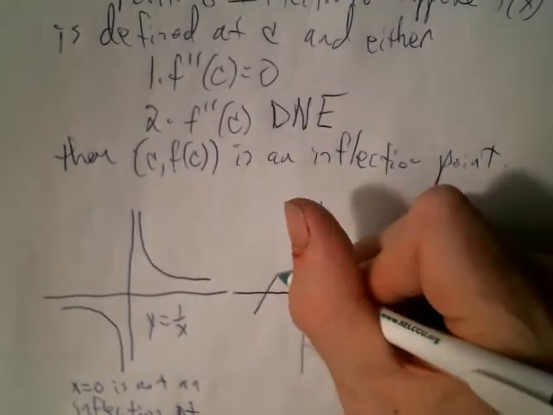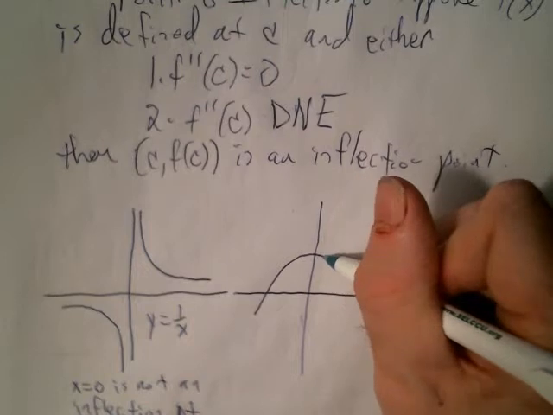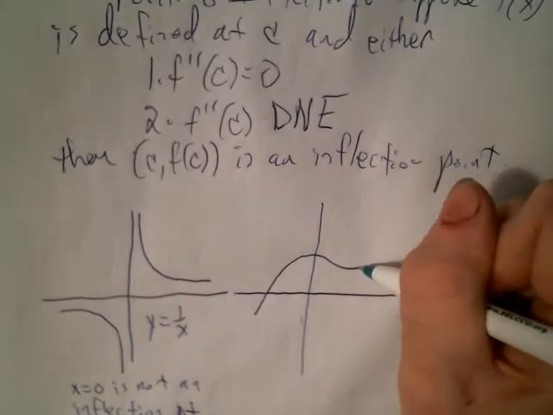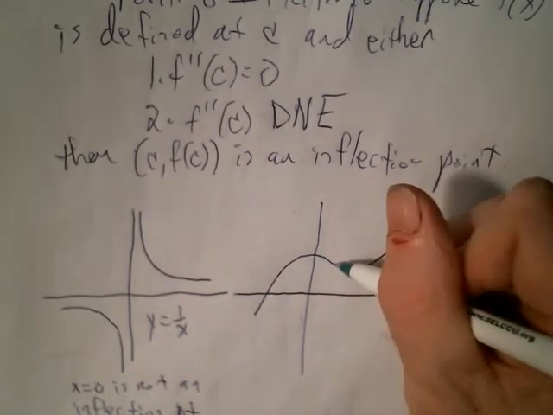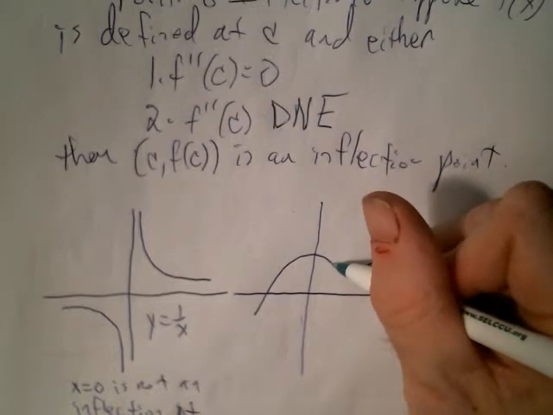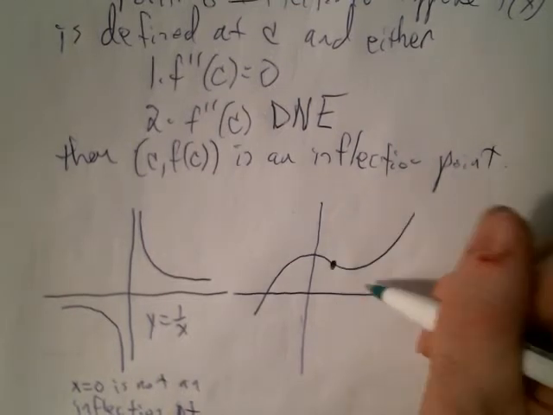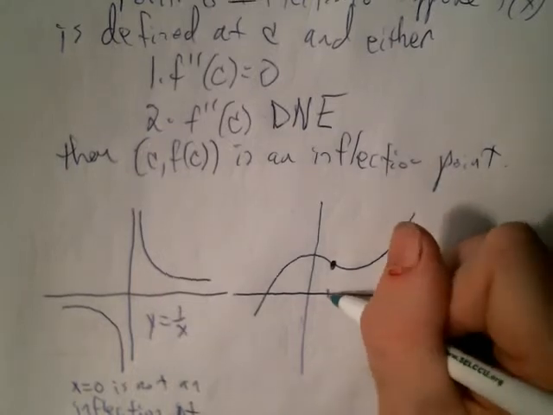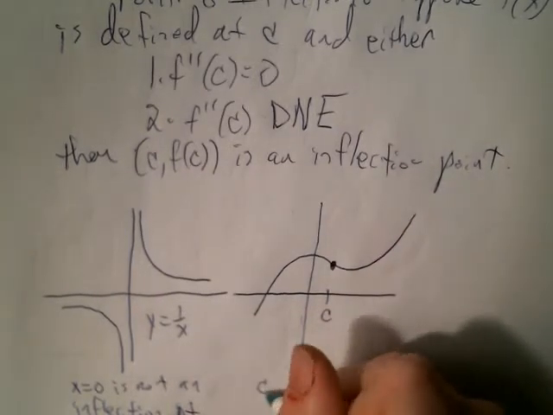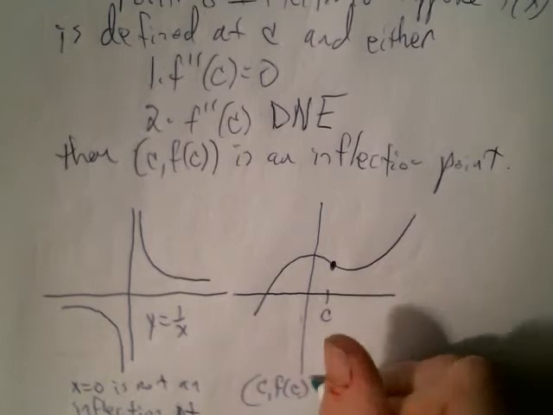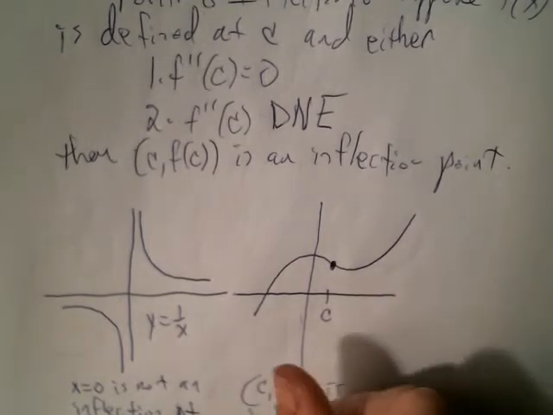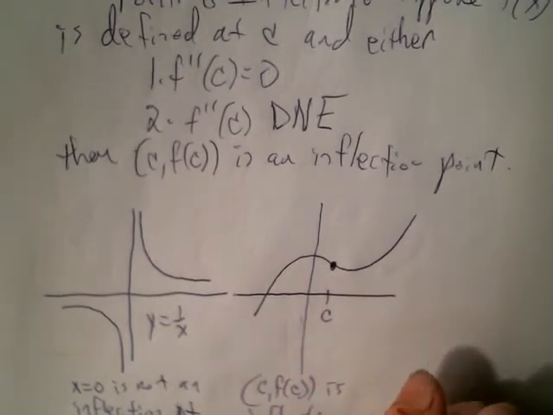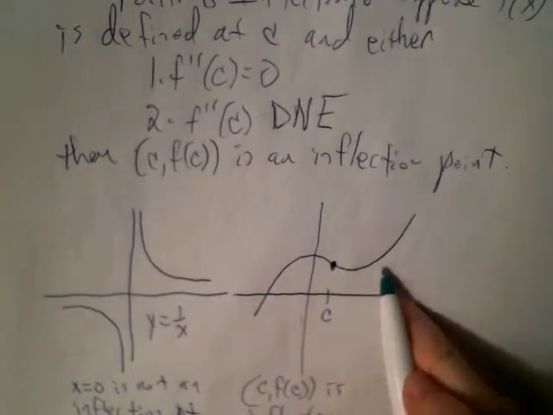So what does that look like? Here's concave down, and then it starts going concave up, right? So when it travels from concave down to concave up, that's when you have an inflection point. So here, c comma f of c is an inflection point, and it results in this S kind of figure.